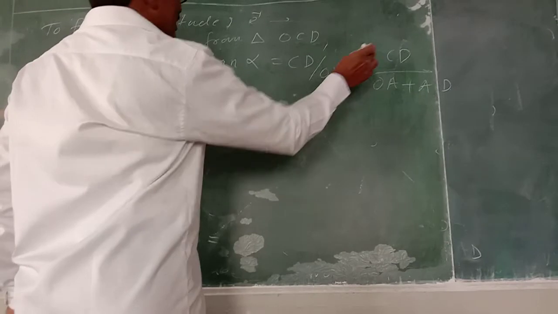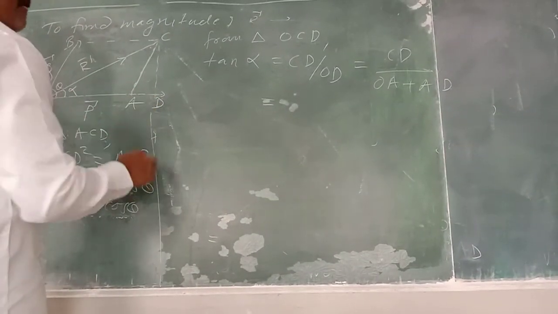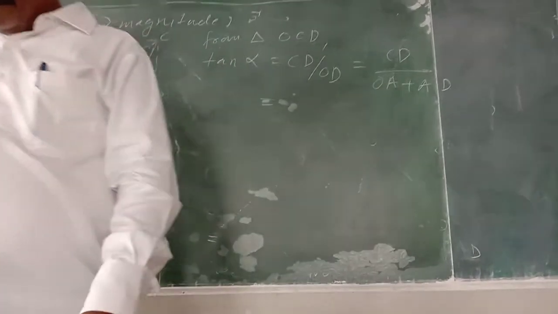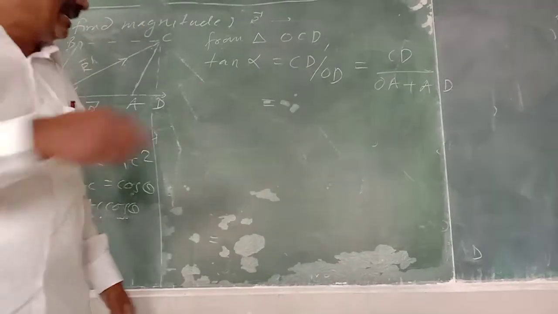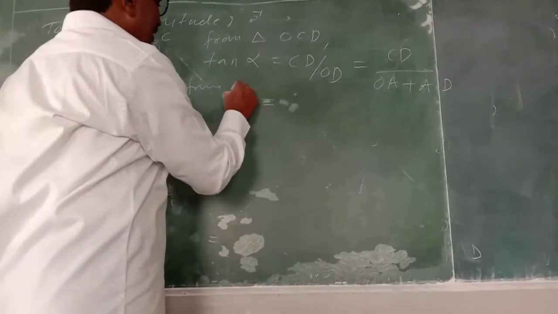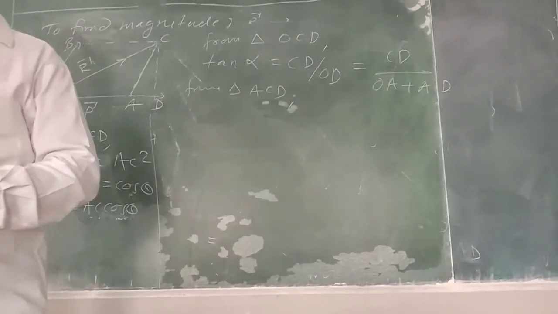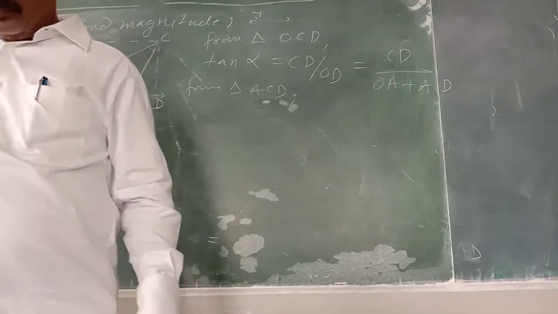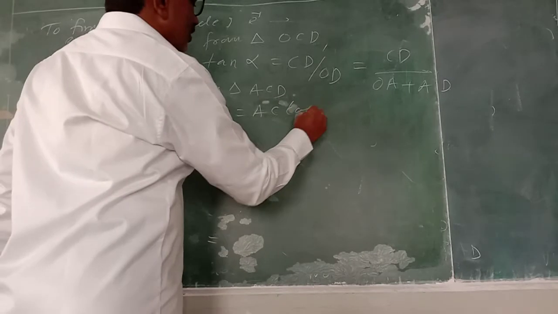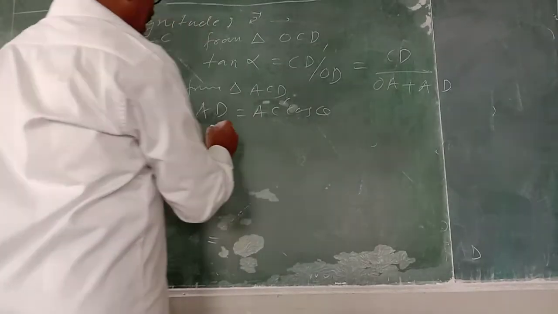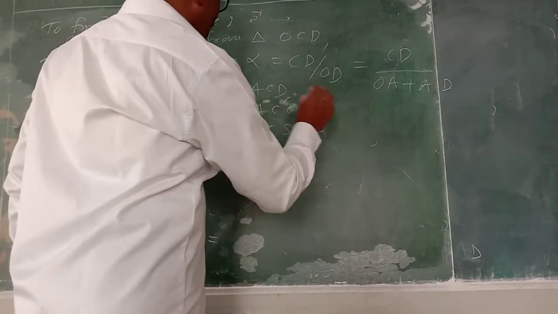But from triangle ACD, AD equal to AC cos of theta, and CD equal to AC sin of theta.